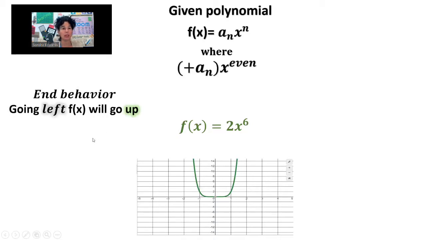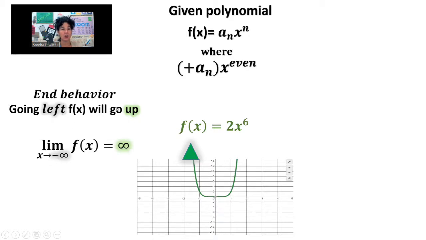Okay, and then verbally, as I move to the left, we're going up, but the notation for that is the limit as x approaches negative infinity of the function f of x is positive infinity.